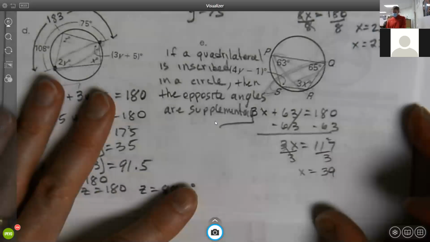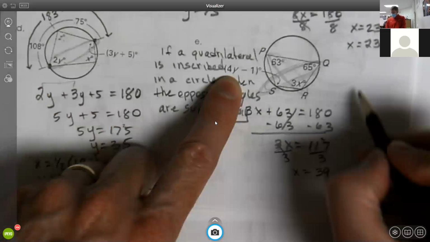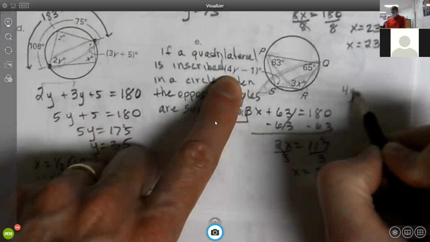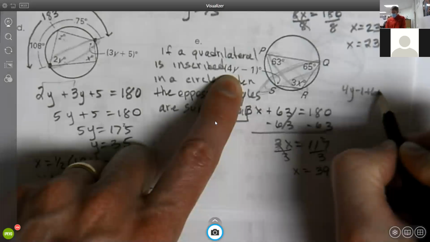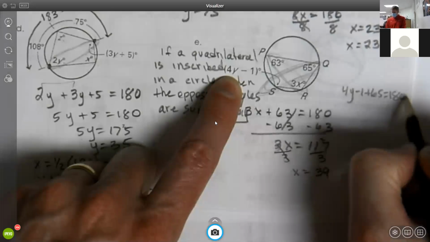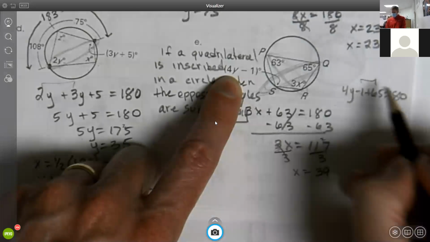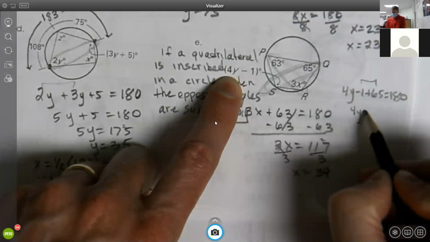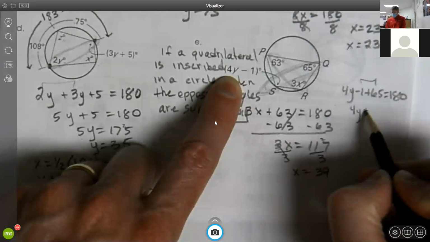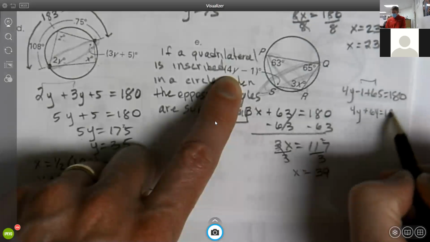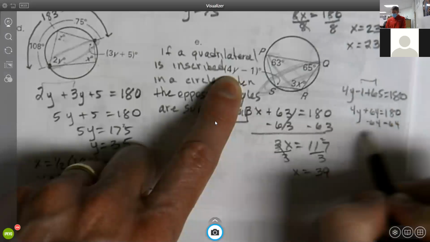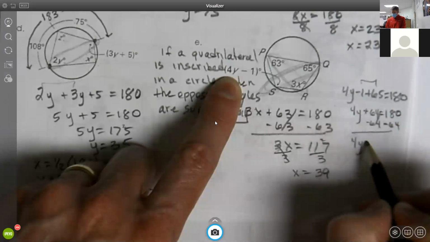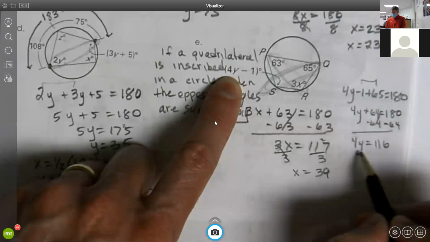So then this last one, we know that we have 4y minus 1 and the 65. That has to add together to be 180. So you have some like terms to deal with. And we move that across, and we divide by 4.